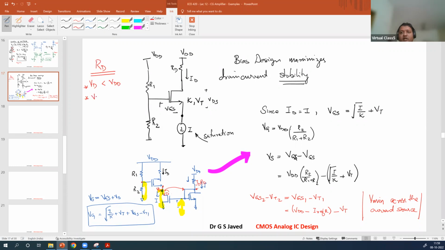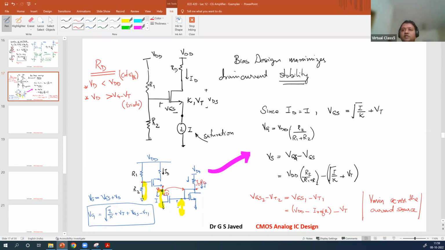Second, the VD value has to be greater than VG minus VT, so as to avoid triode. So this condition is to avoid cutoff. This condition is to avoid triode. So VD has to be within a range greater than VG minus VT, but less than VDD.